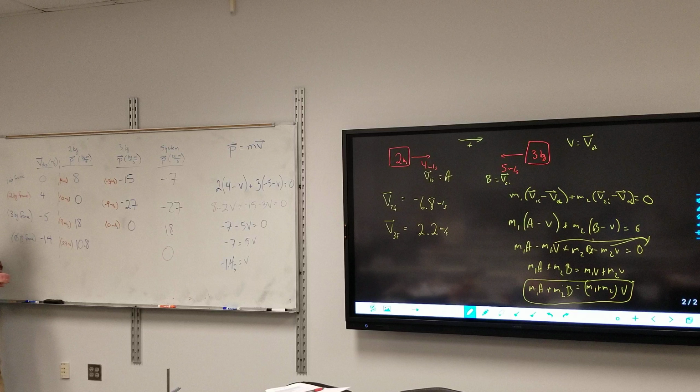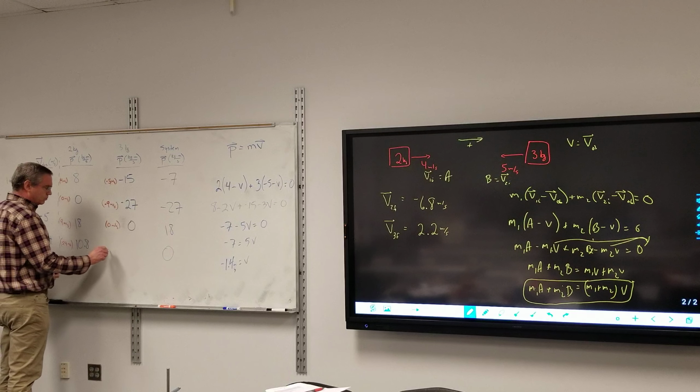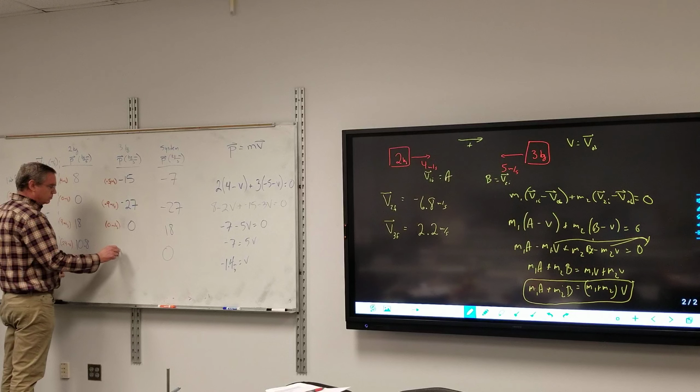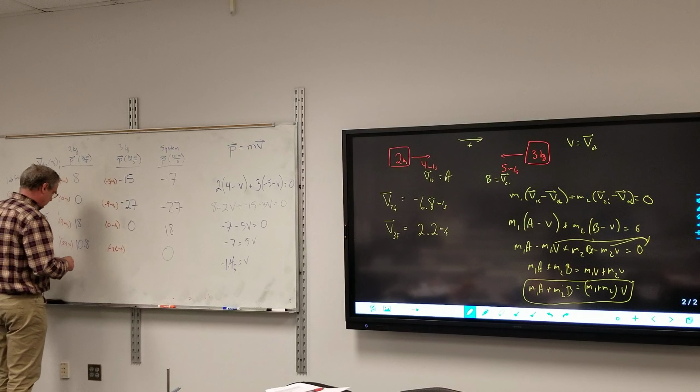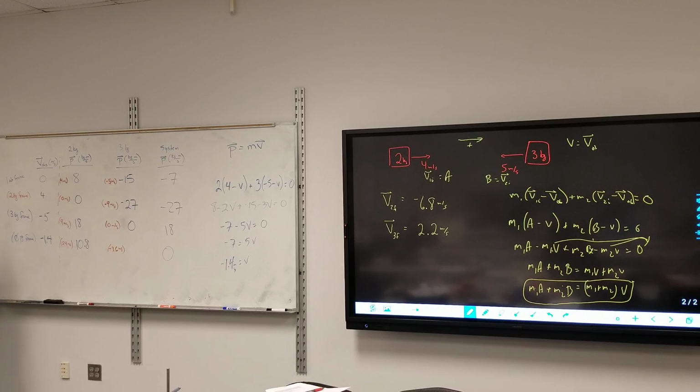Negative 3.6 meters per second. Yes. And therefore, what is the momentum in the zero momentum frame?